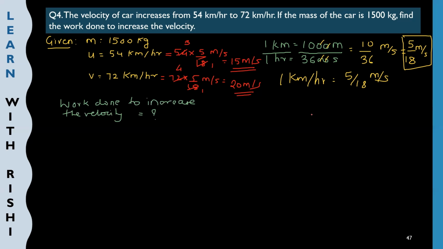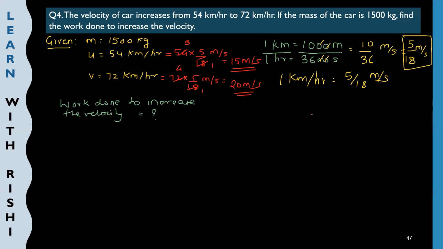So the kinetic energy has changed. When the speed was 54 km per hour, the kinetic energy was different, and when the speed increased to 72, the kinetic energy was different.